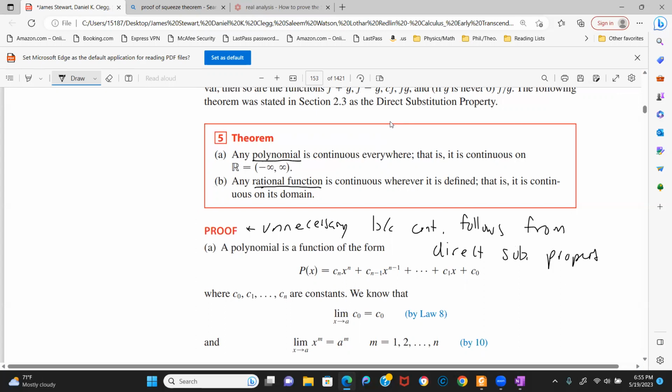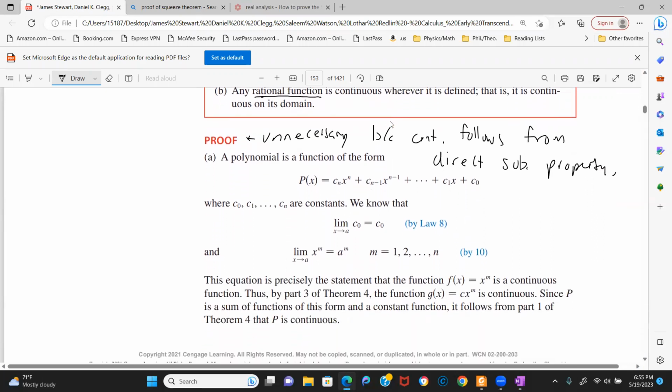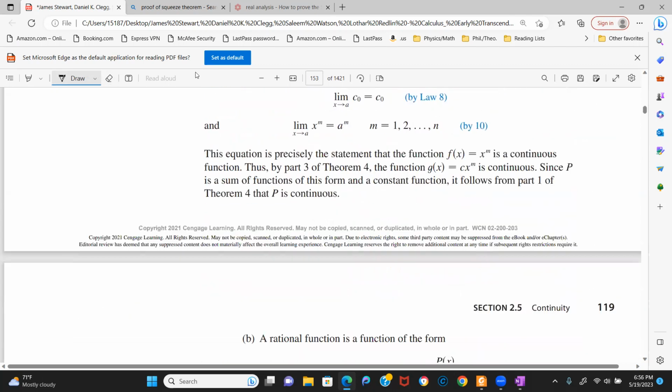It's another proof, and honestly, you could prove the direct substitution property this way as well. If you want to look at that, you can pause. But it's unnecessary. So here's a nice theorem, and it's what you expect because polynomials and rational functions are the paradigm of a continuous function. This just says that polynomials and rational functions are continuous functions, which is, as I said, to be expected.